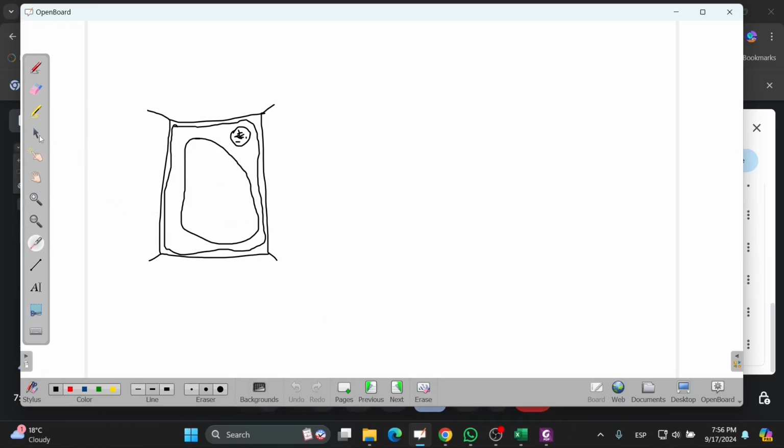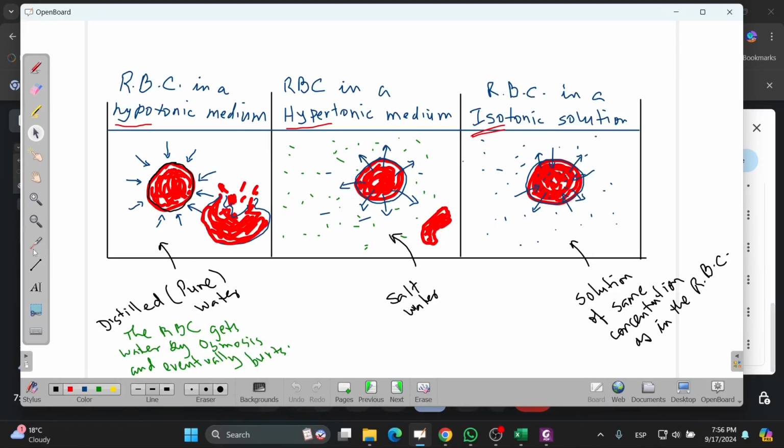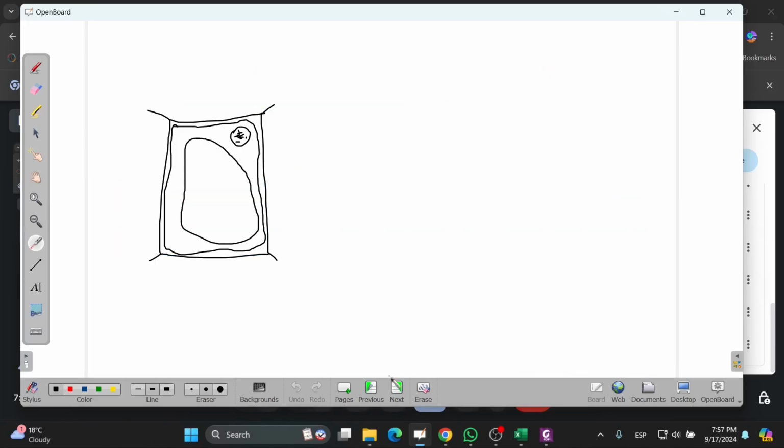But you know one great difference is that this cell will not burst. Just like this one here did, the red blood cell when it takes water in eventually bursts, while here the plant cell, when it takes water in, it does not burst. Why is that so? That is because of the cell wall. The cell wall is tough and rigid and will prevent the cell from bursting.